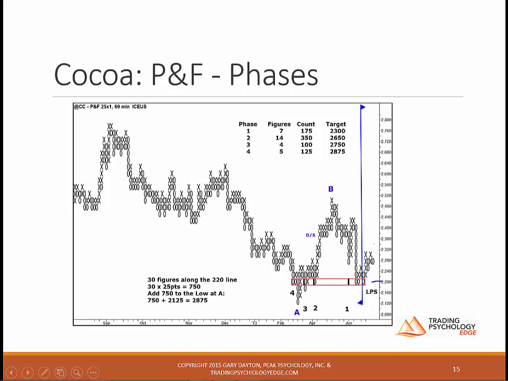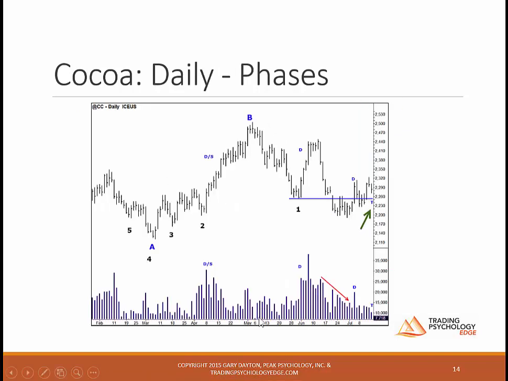Okay, now going back to the vertical line chart, we're starting where that green arrow is, right in here, on the 2200 line, right there. And if we were doing this on the point and figure chart, it would go all the way back over to here. Okay. And so our counts, our phases get broken down.